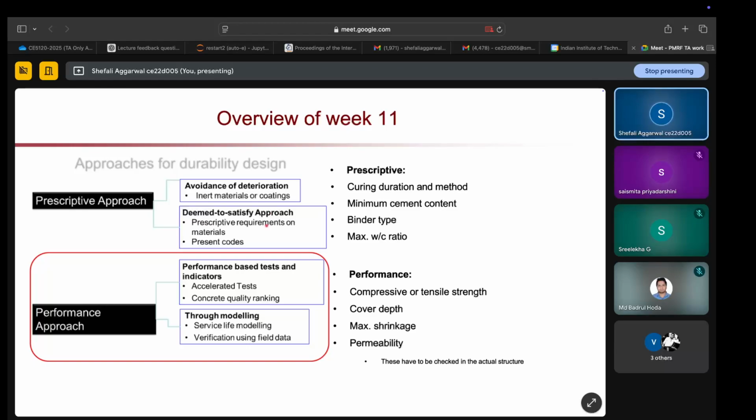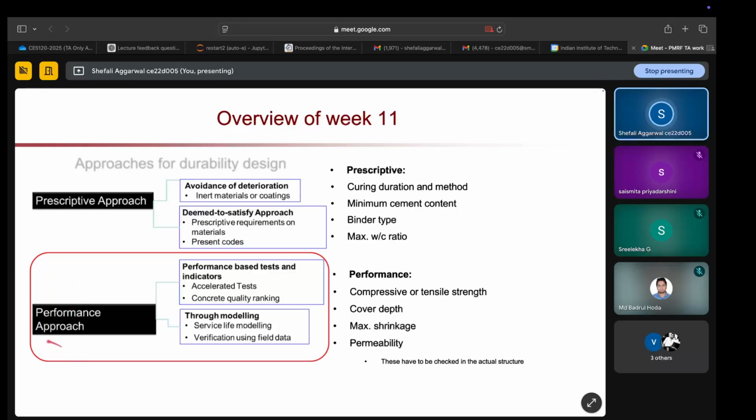The other thing is the deemed to satisfy approach. That means prescriptive requirements on materials, present in different types of codes, giving good provisions. So in prescriptive, we can have curing duration and method, the cement content used, binder type, and maximum water cement ratio.